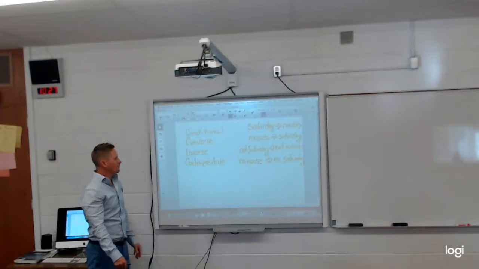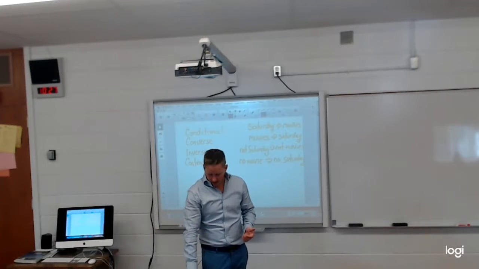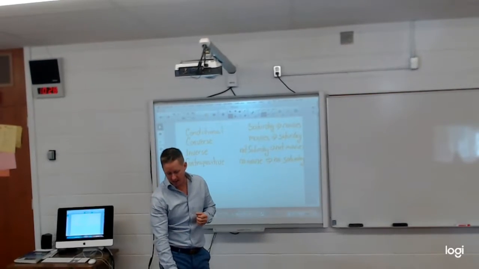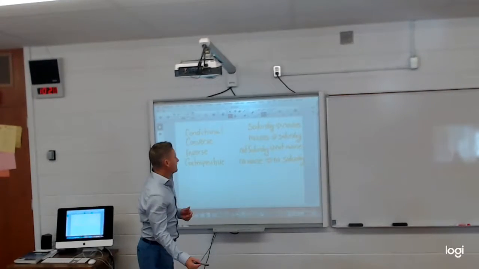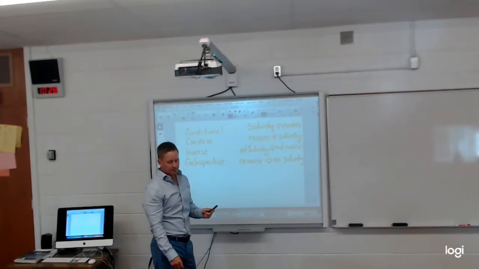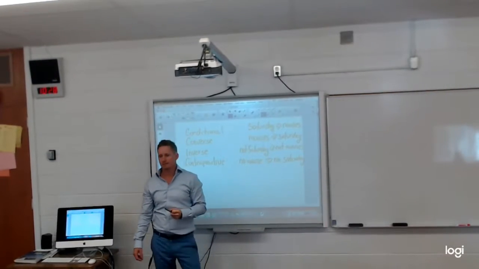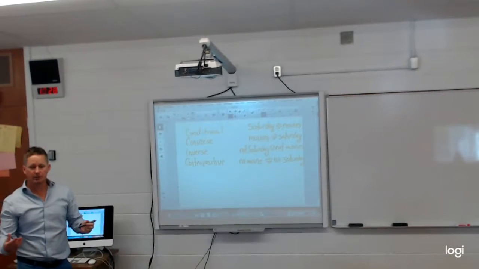Okay, so the truth table says this. Since the hypothesis is true or false and the conclusion is true or false, there are four possible cases. So let's look at our truth table. If P is true, so let's say it is Saturday, and I do go to the movies, is the statement Saturday implies movies true?